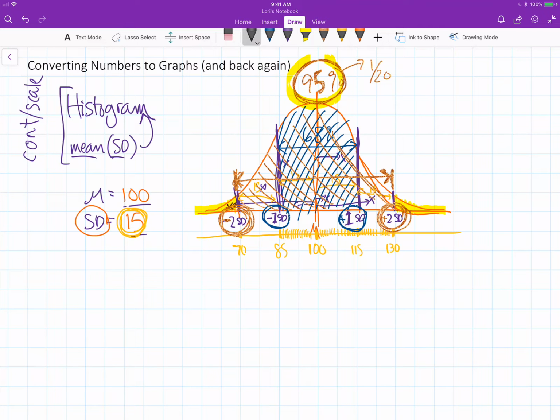And so what that means is that in this tail right here, 2.5% is in there, and in this tail right here, 2.5% is in that tail.